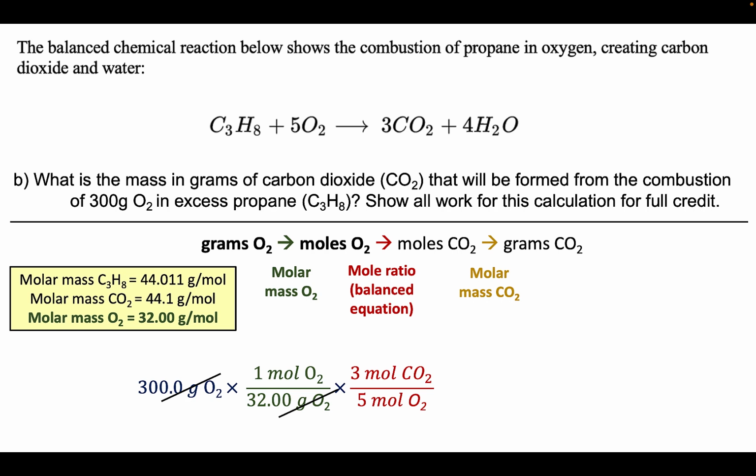And that's exactly what we're putting in the middle here. This is going to change our units from moles of oxygen to moles of carbon dioxide. And now we can get the mass of carbon dioxide, so the moles are going to cancel, and we find the following result, which is to say that if it's as much propane as we need with only 300 grams of oxygen, we obtain 247.6 grams of carbon dioxide.